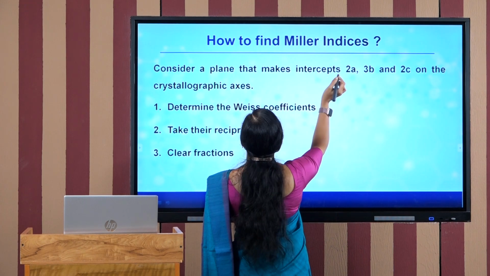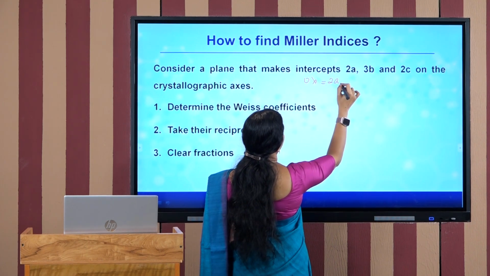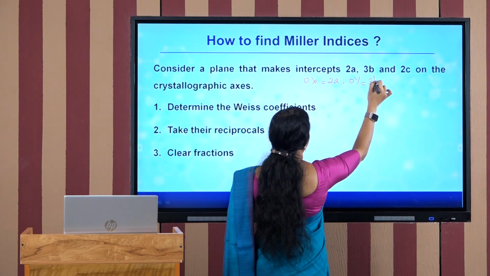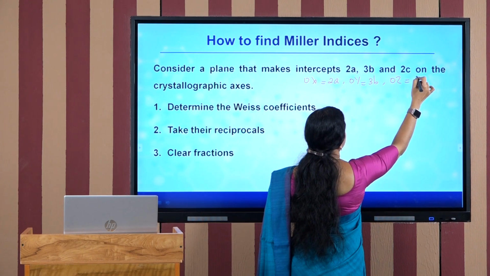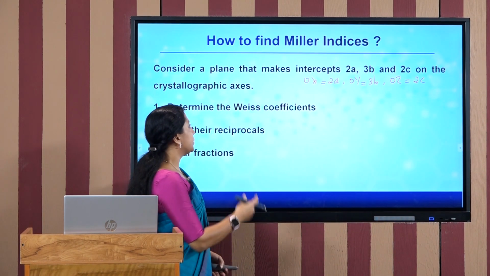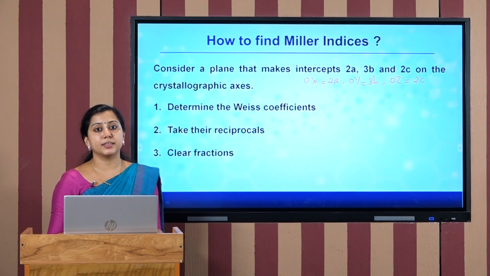So, let OX equal 2a, OY equal 3b and OZ equal 2c. These are the steps for finding out the Miller indices.